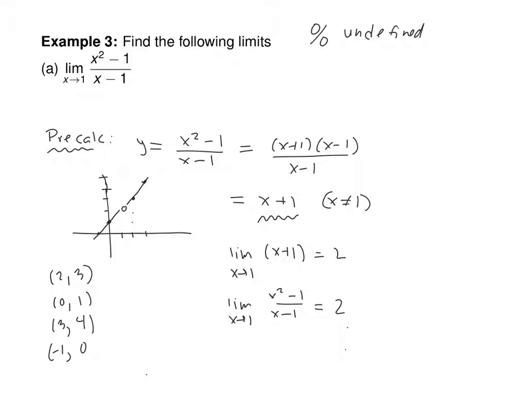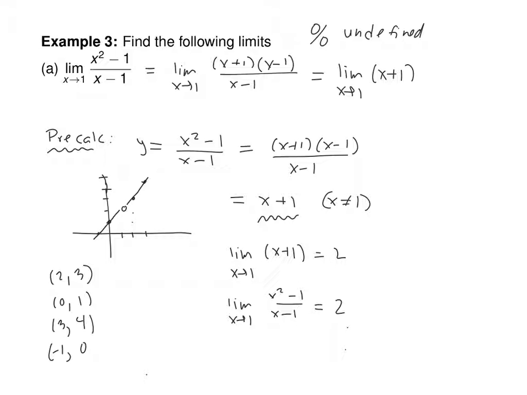So the way to find this limit is to say, okay, well, that's equal to the limit of the function x plus 1, x minus 1 over x minus 1, which then you simplify. And doing that simplification gets rid of the thing that's causing the problem.